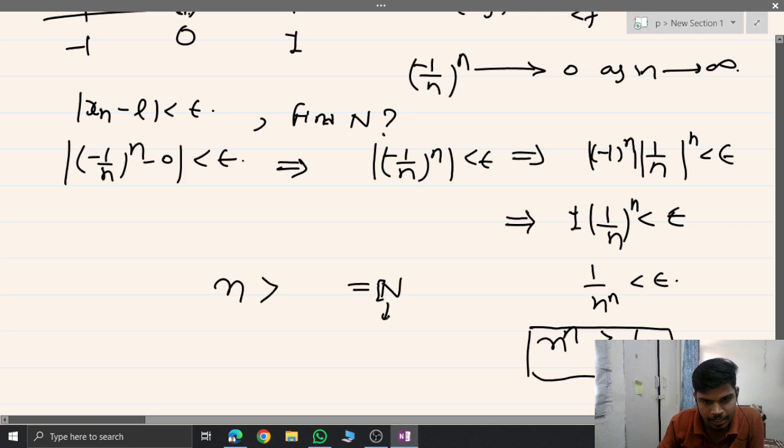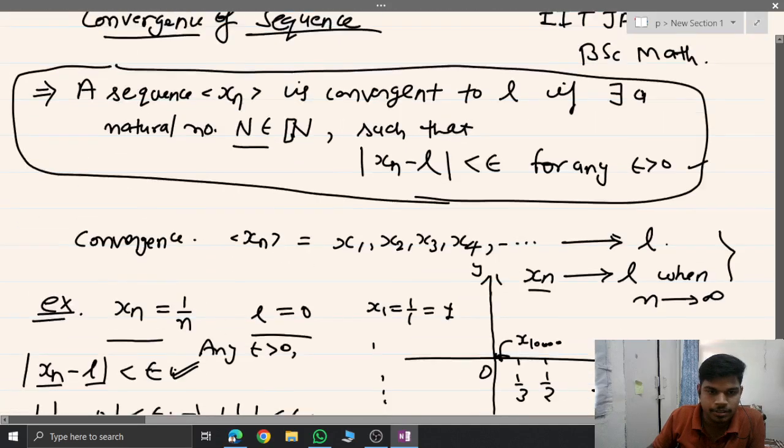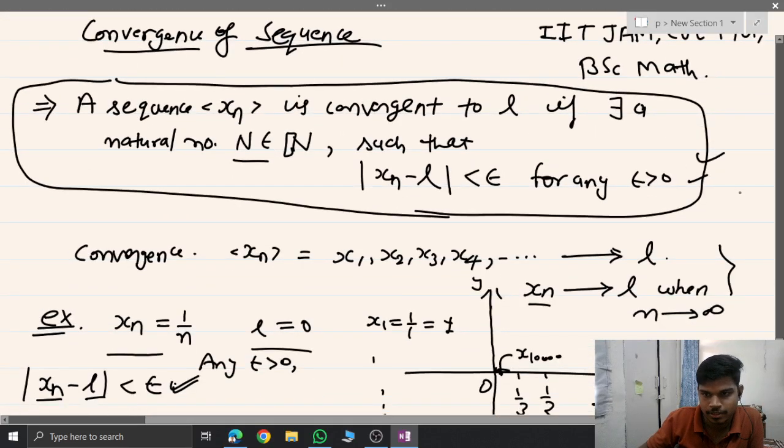After taking this n, any natural number, you will get the condition by solving this. Okay, so I hope you got the idea, by taking two examples, of how this definition works for convergence of a sequence.